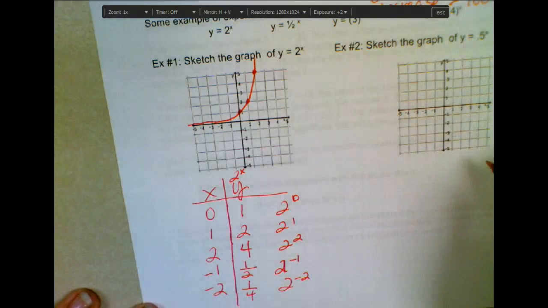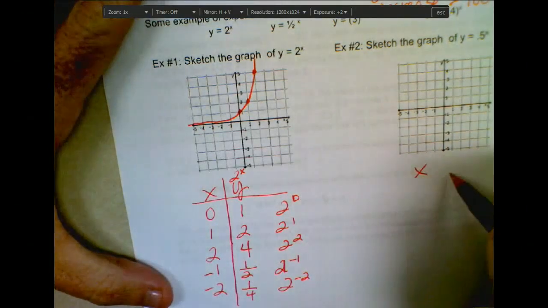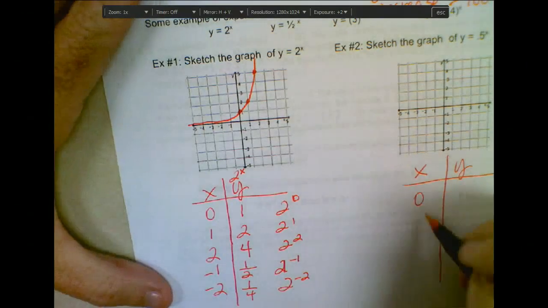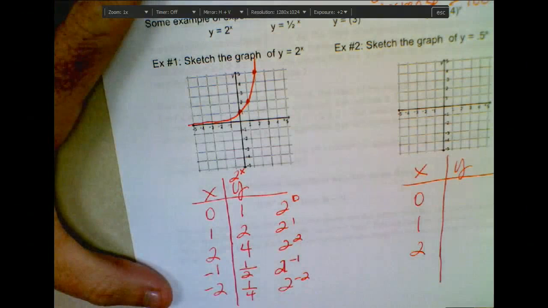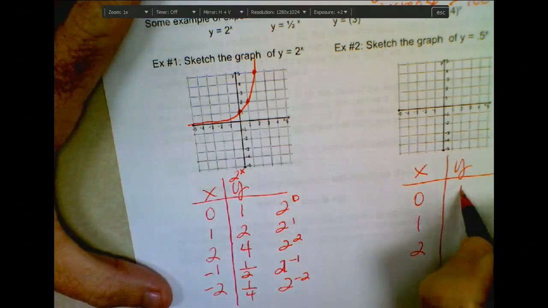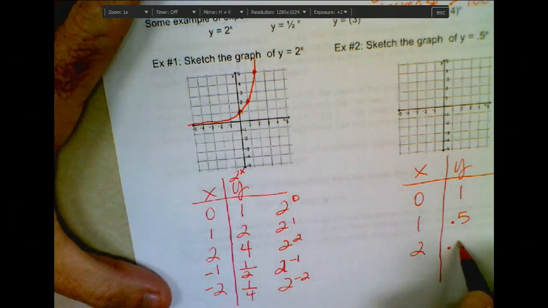I find it easier to use fractions when graphing, but you can leave the decimals if you want. 0, 1, 2. So 0.5 to the 0, 0.5 to the first, 0.5 to the second. So that's going to, anything to the 0 power is 1, 0.5 to the first is 0.5, 0.5 to the second is 0.25.